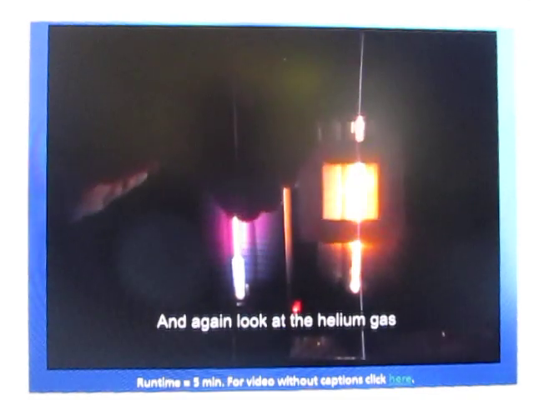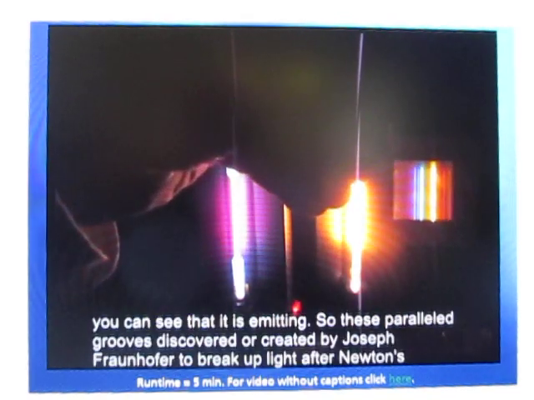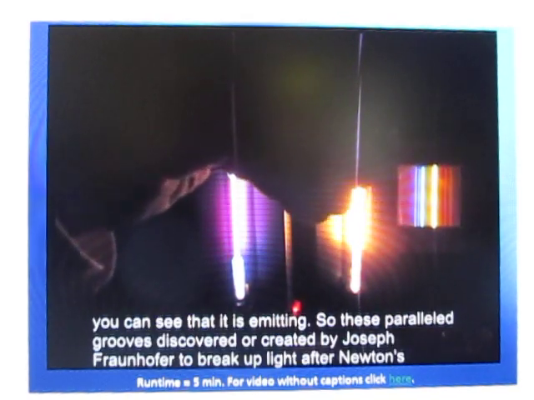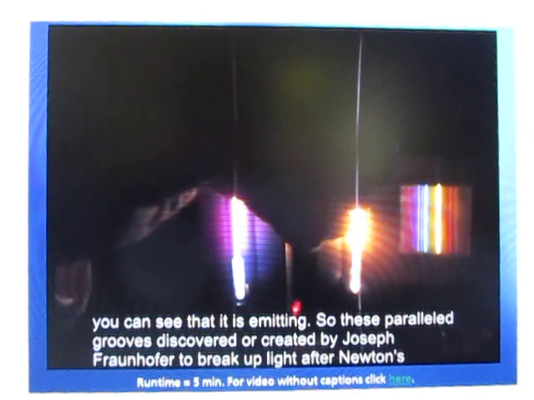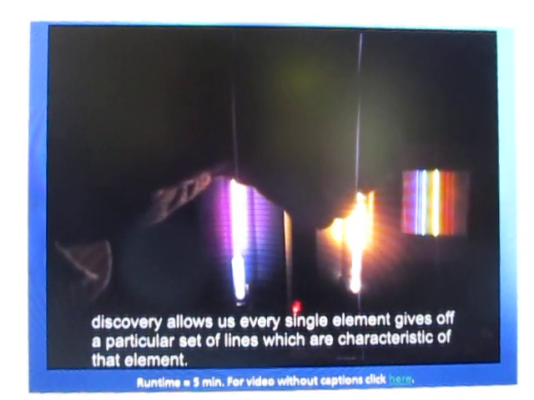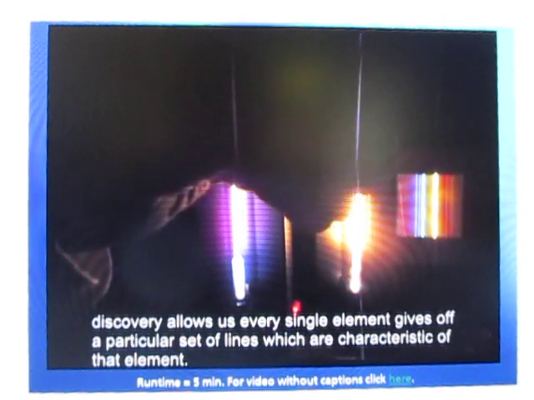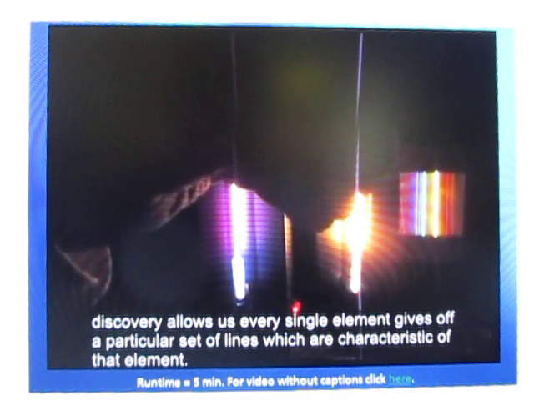And again, if you look at the helium gas, you can see that it is emitting. So these parallel grooves, discovered or created by Joseph Fraunhofer to break up light after Newton's discovery, allow us to see that every single element gives off a particular set of lines which are characteristic of that element.